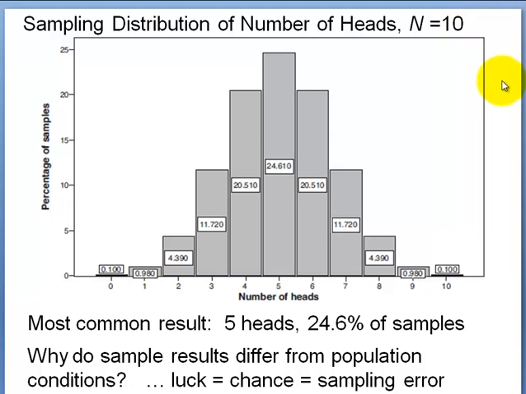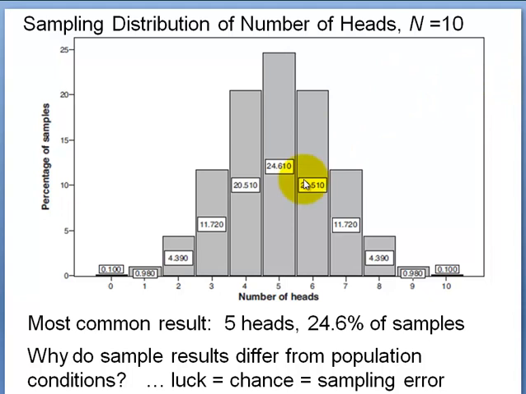And again, we don't in reality have to carry out this sampling process infinitely, because we can use statistical theory, and we're not going to cover that theory. But statistical theory can build the sampling distribution that we would get by tossing an unbiased coin 10 times and counting the number of heads.